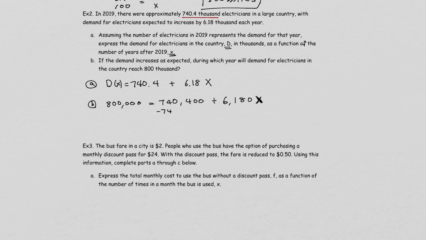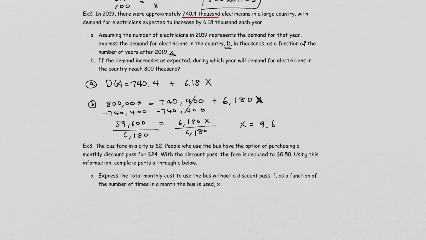Again, we will do subtraction first to isolate x. That will give me around 59,600, and you have 6,180 times x. In order to isolate x, you divide both sides by 6,180. Since I don't have space, I will write it on the side. So your x will become about 9.6.